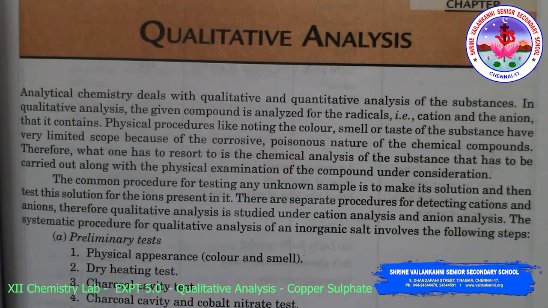Example, calcium ion. In calcium hydroxide, the part of the base is calcium. Similarly, sodium ion is the part of the base in sodium hydroxide. In magnesium sulphate, magnesium is the basic radical.